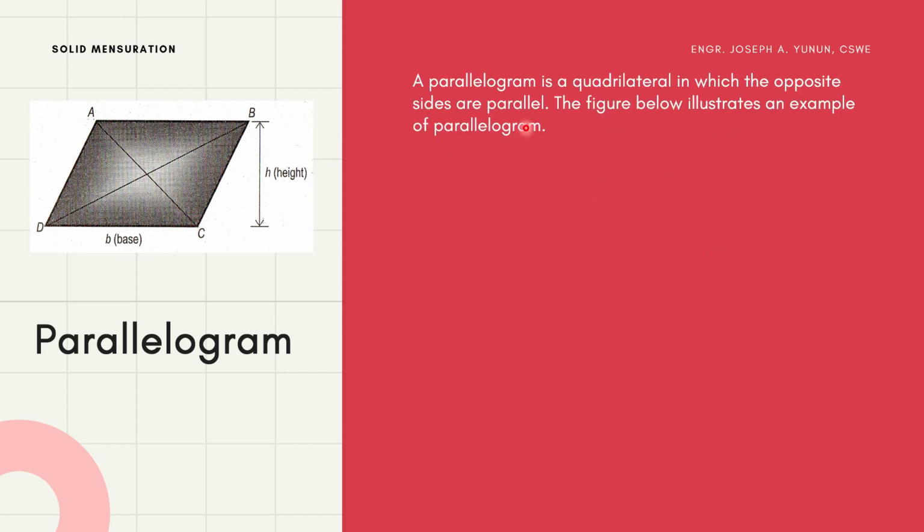The definition of a parallelogram is a quadrilateral in which the opposite sides are parallel. So opposite sides AD and BC are parallel to each other, and similarly sides AB and CD are parallel to each other. And then parallelograms have the following important properties.